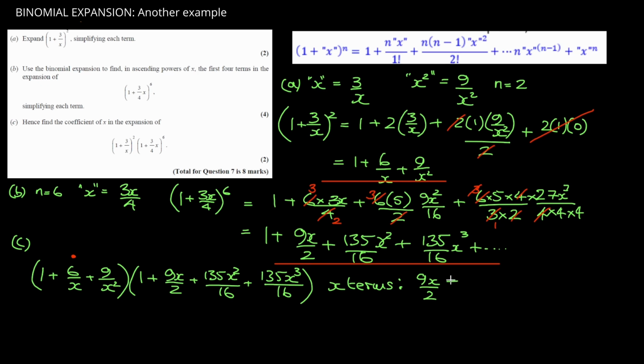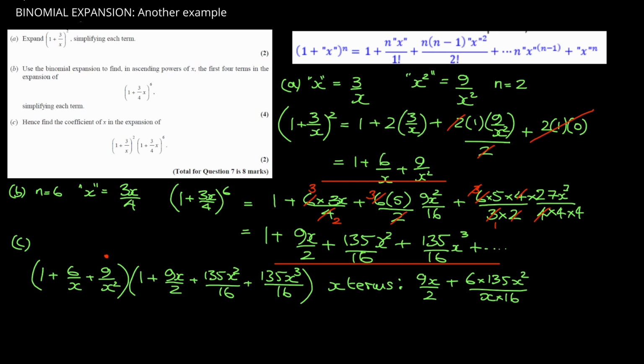Again, I'm not going to be clever about trying to multiply this all out in my head. I'm just going to write it as 6 times 135 x squared over x times 16. And as you can see, that's going to generate an x coefficient.